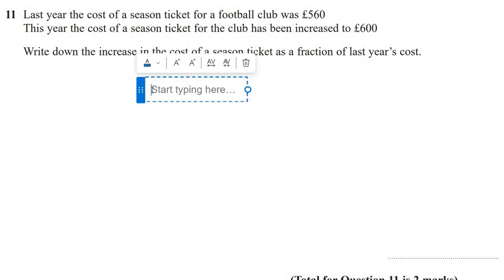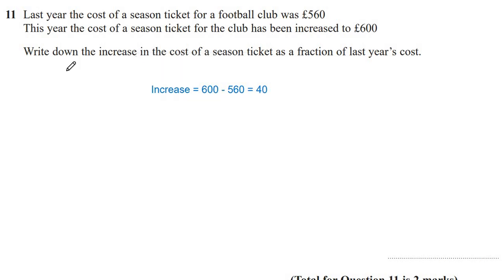So first, let's find how much was the increase. Increase is 600, take away 560, so that is £40 increase. And so as a fraction, it's going to be 40 over last year's cost. Last year's cost was 560.